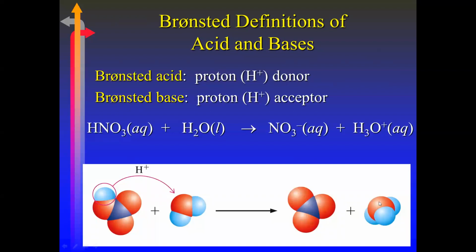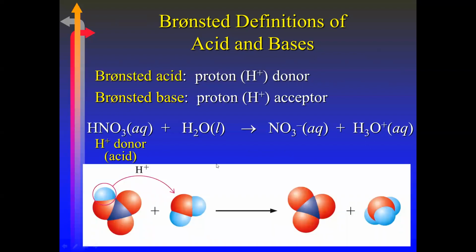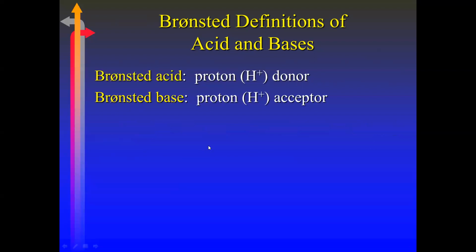This is why water becomes hydronium ions, and this nitric acid becomes nitrate ions. So a hydrogen donor is an acid, and a hydrogen ion acceptor is a base.